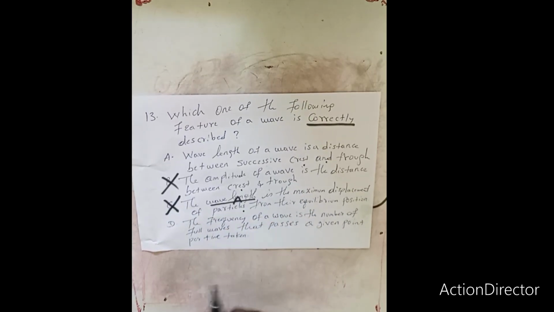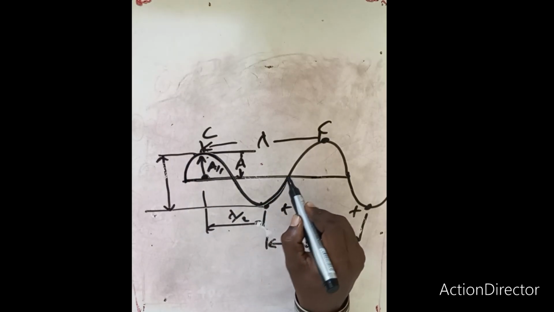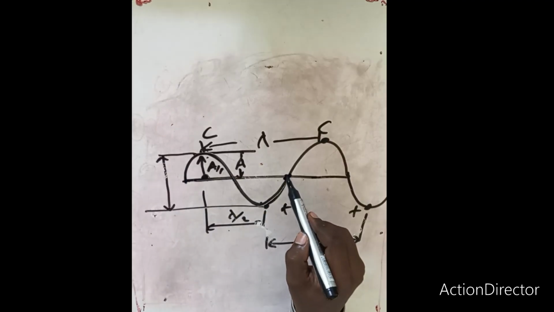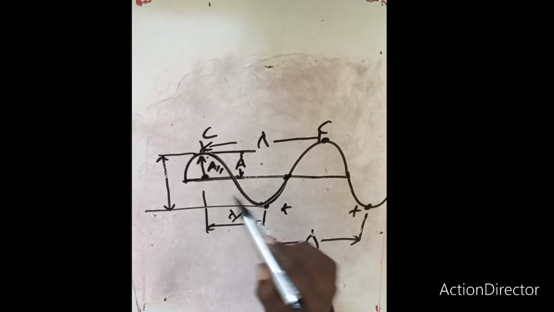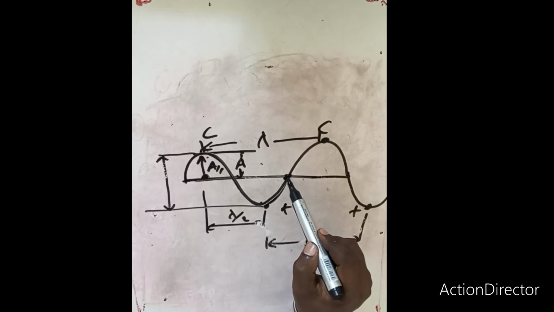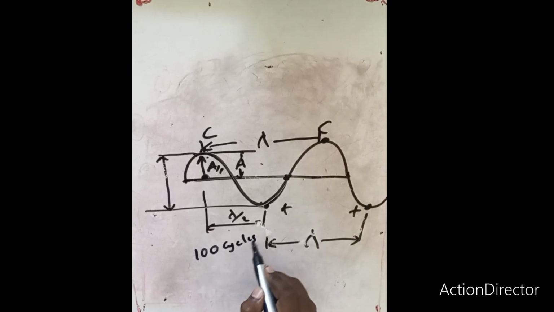Now D: the frequency of a wave is the number of waves that pass a given point per unit time. That's correct. A full wave means this distance to this distance; this is one full wave, one complete cycle. For example, we may have 100 complete cycles per 10 seconds, so the frequency will be 100 divided by 10, which is 10 hertz.